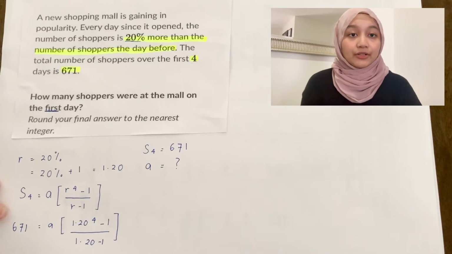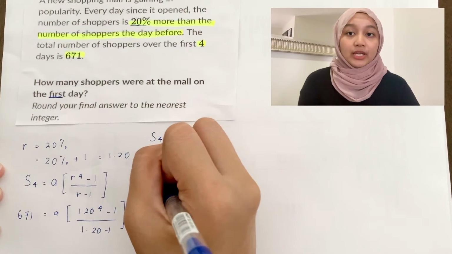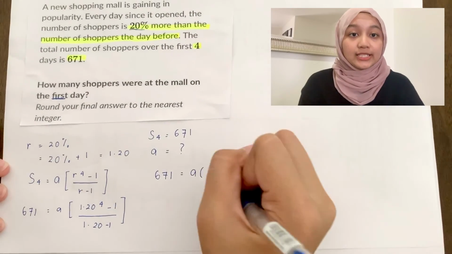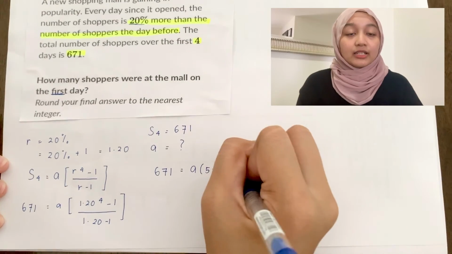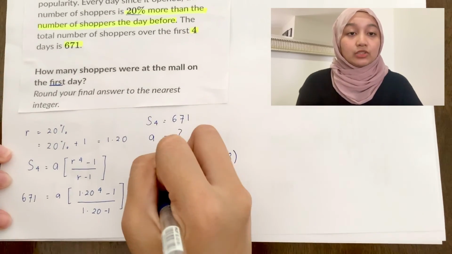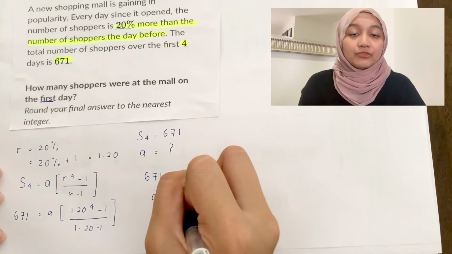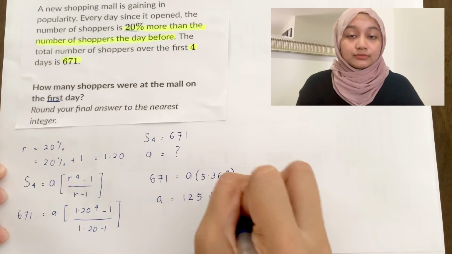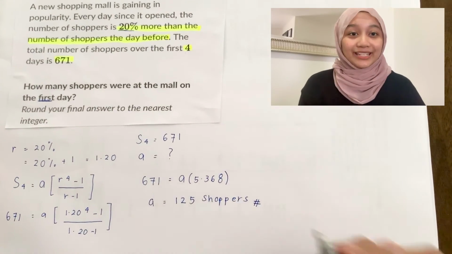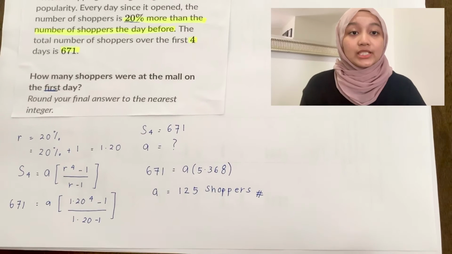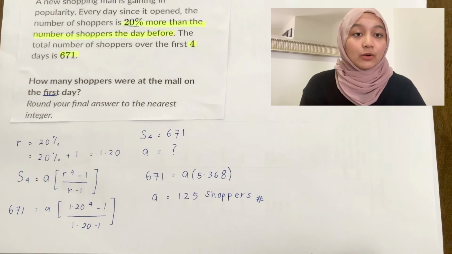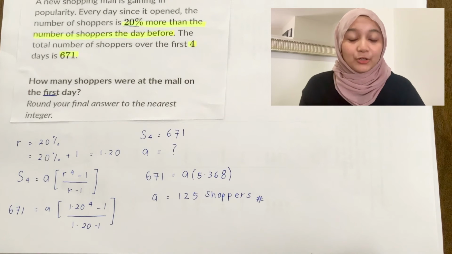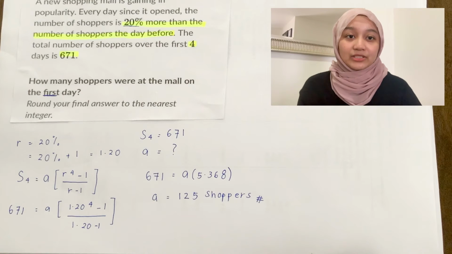And then 671 equals a times 5.368. And then a, or the first term, equals 671 divided by 5.368. And then we got the answer for the first term, a, which is 125 shoppers on the first day. Hope you can understand what I explained.